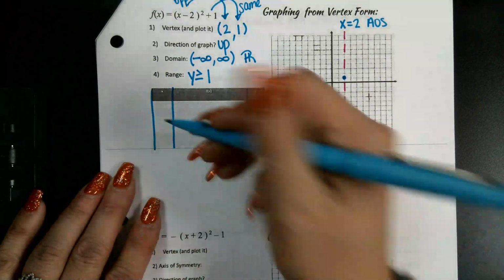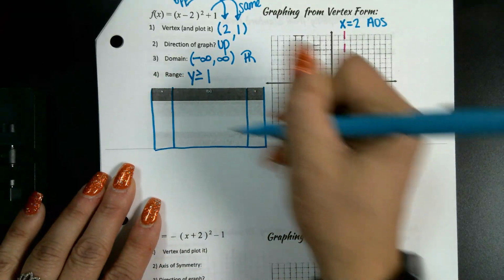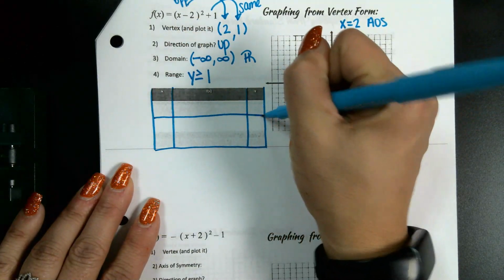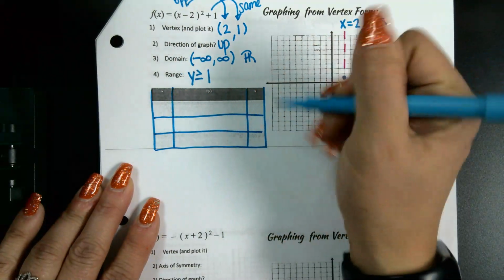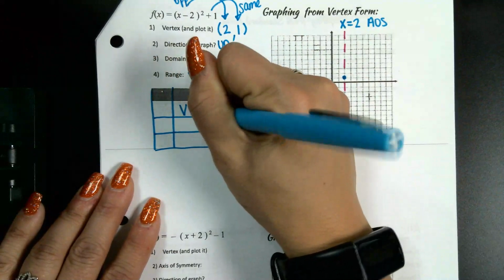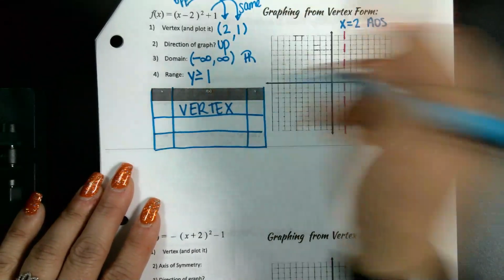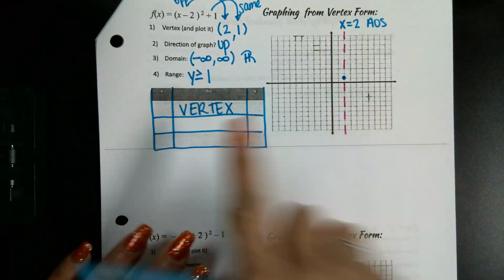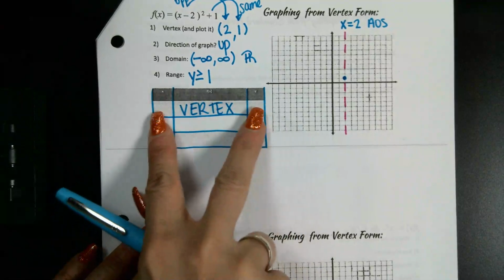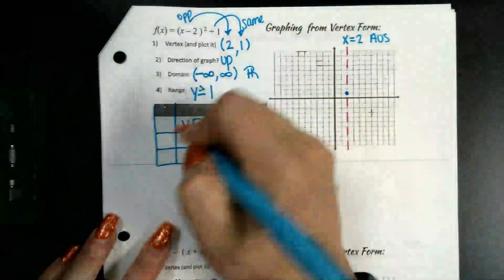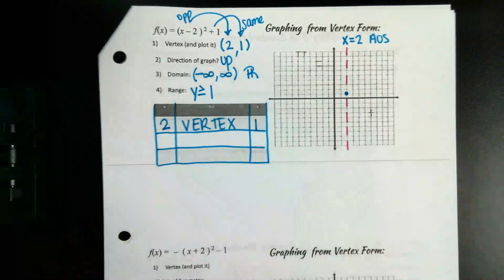This is just for your notes. You should always have 3 X's, and the very top one is going to be our vertex, which we already know. So I'm not even going to show this work here because we know what it is. What was our vertex? 2, 1.